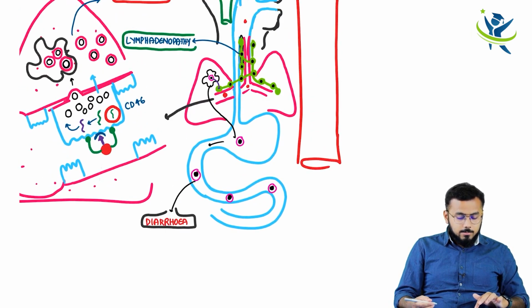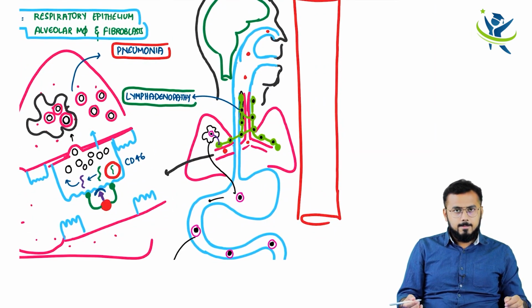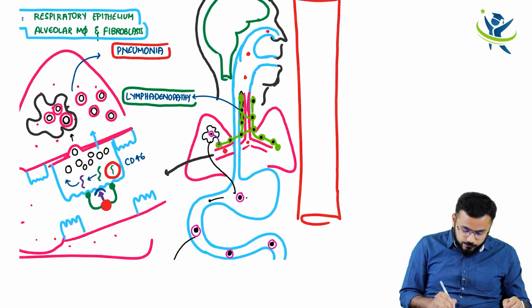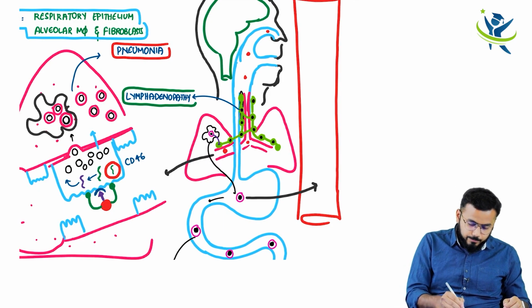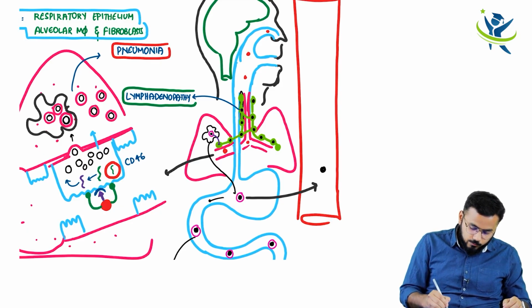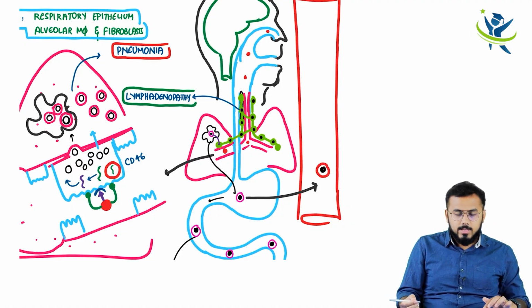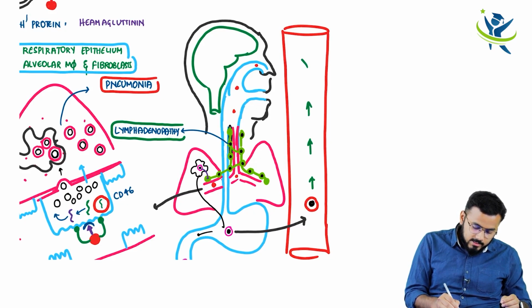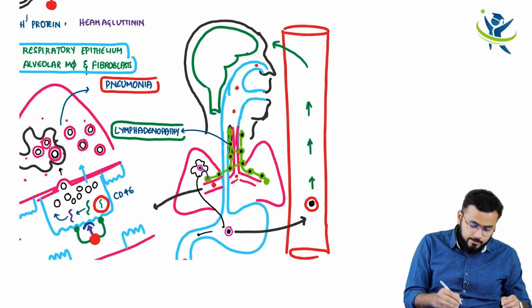Apart from this, another important thing is that this virus very neatly enters into your bloodstream. This virus is right now within your bloodstream. Now within the bloodstream, what will happen is that this virus will ascend all the way up, and finally this virus is going to enter into your brain, right?